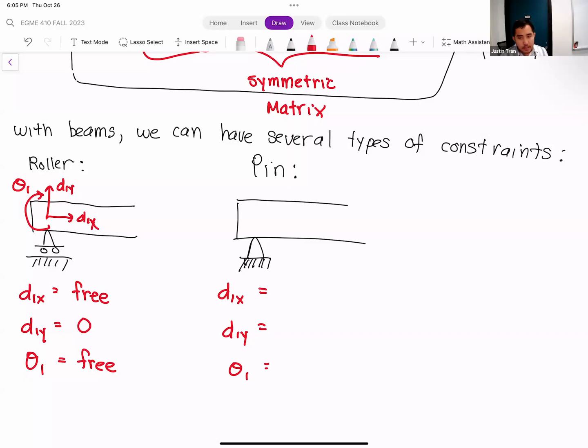And so a pin support is going to prevent all translational degrees of freedom. So d1x and d1y are both going to be equal to 0 in this case. Whereas theta 1, right? A pin support, if you think about it as literally like you're pinning it to a wall, a pin does not constrain any rotation. So in this case, theta 1 is going to be free. Okay?